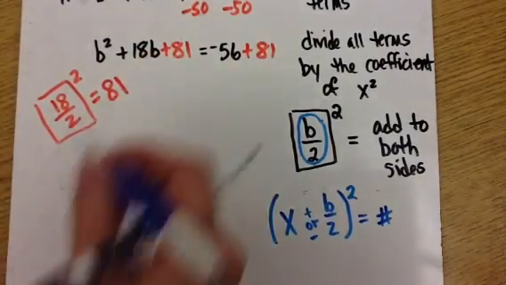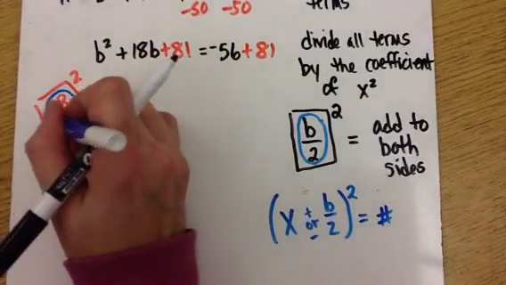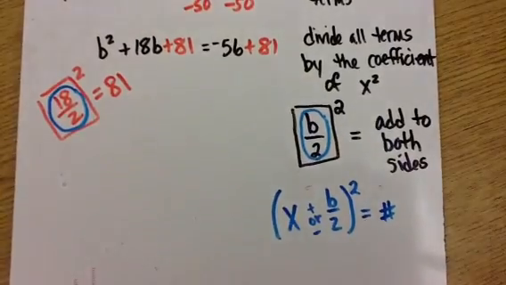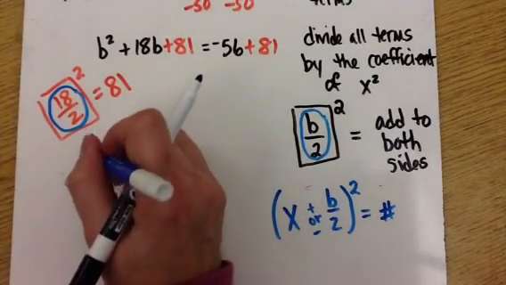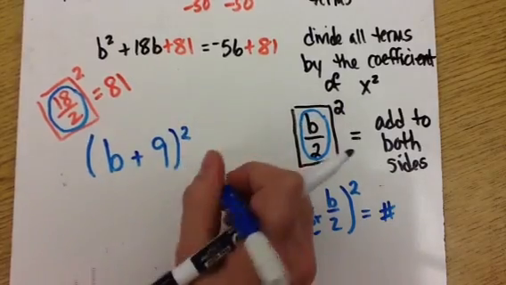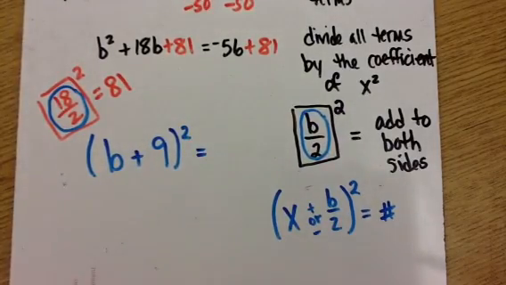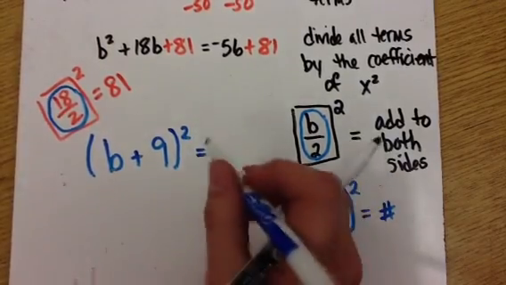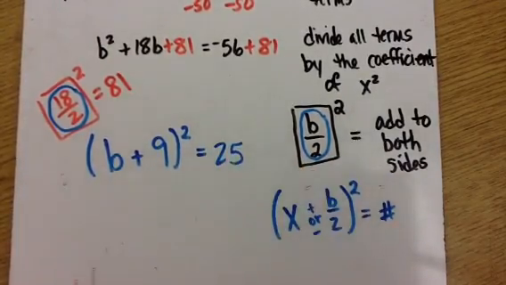So on this problem, since 18 halves, which is 9, is positive, the left side will factor into b plus 9 squared, and that's going to equal whatever negative 56 plus 81 is. Let's see, 56, 66, 76 is 25, so positive 25.